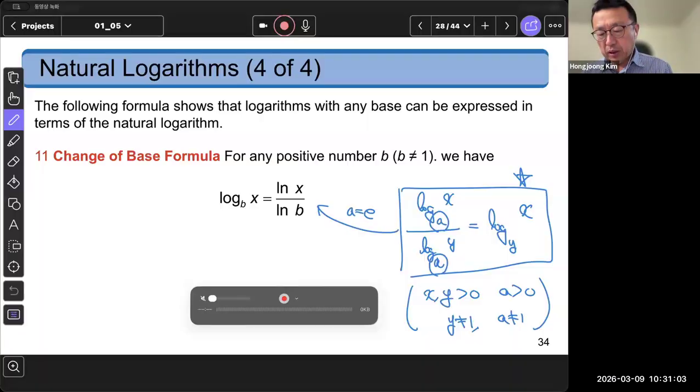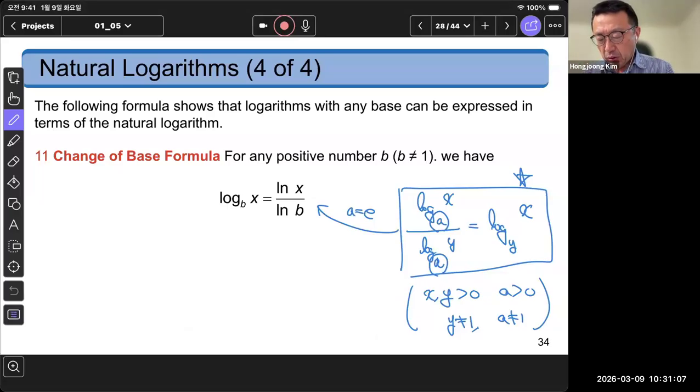Okay, we are considering the logarithmic function. And as I said, the logarithmic function satisfies many simplifying properties. We have this one.